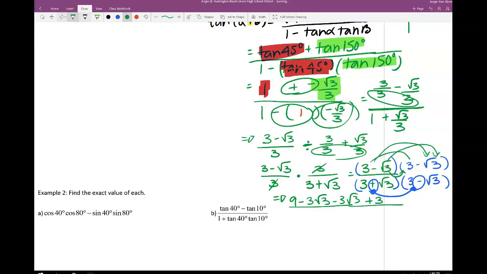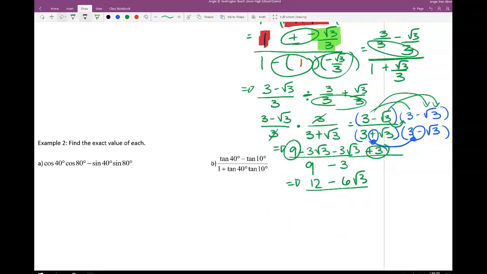On the bottom, because they are conjugates, they are much nicer, okay? That means you only have to multiply the first 2 terms and the last 2 terms. The first 2 terms give me 9. Negative rad 3 times positive rad 3 is negative 3. So simplify some more. 9 plus 3 is 12, minus 6 rad 3. Yes, you can combine radicals if the radicals are similar.